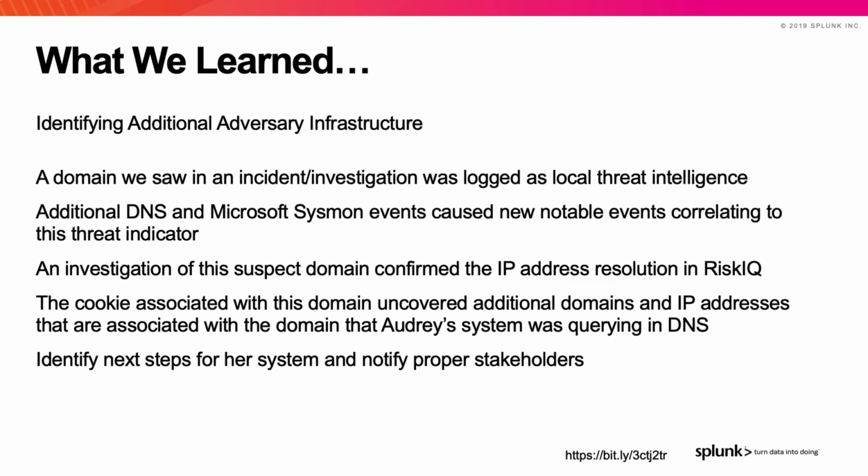We then pivoted into the cookie to see what other IPs and domains were associated with the cookie on that specific domain. We identified another 31, well, minus the 2 we had, basically another 29 IPs and host names that we could tie back into this, provide commentary in the notable event, and then notify the proper stakeholders.